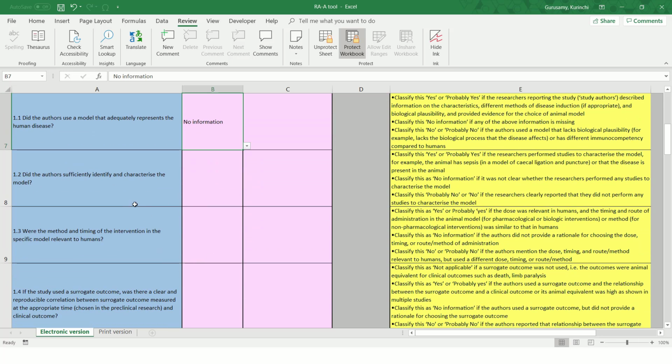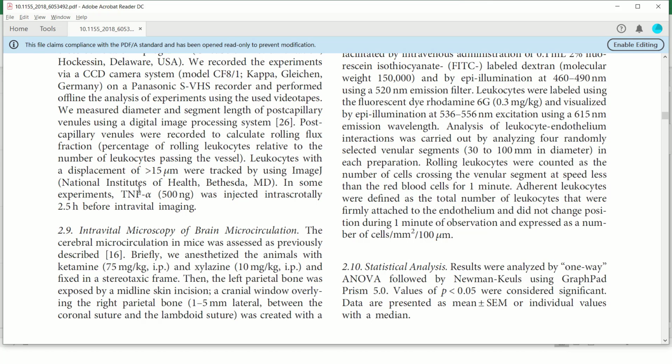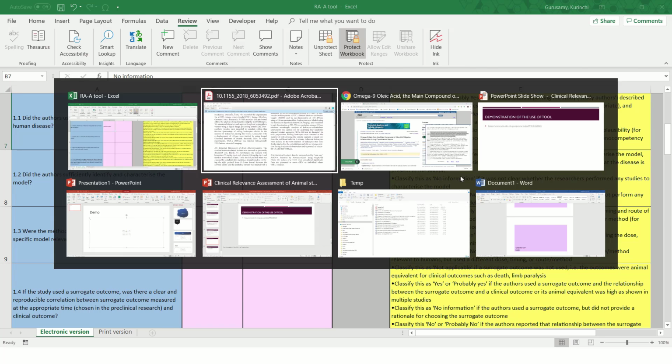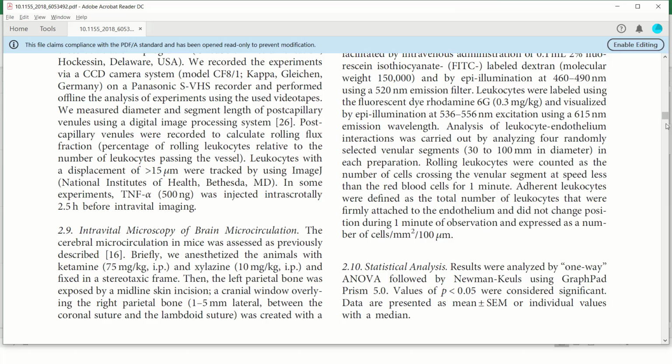Next is, did the author sufficiently identify and characterize the model? Definitely, they did the CLP, but let's look at it. For example, the animal has sepsis in a model of cecal ligation and puncture, or the disease is present in the animal. How did they test it? They don't seem to have tested it.